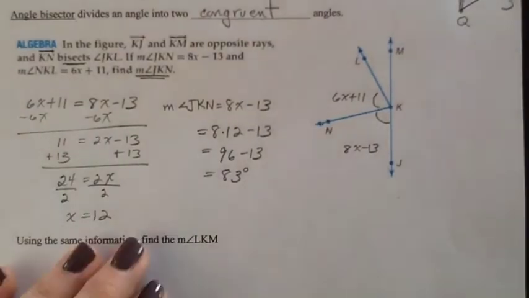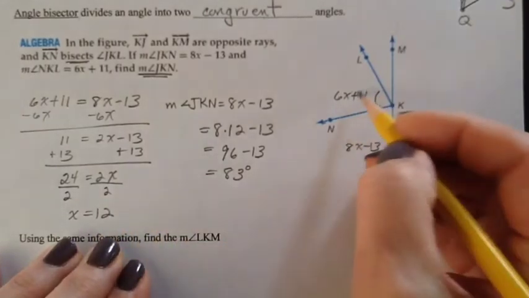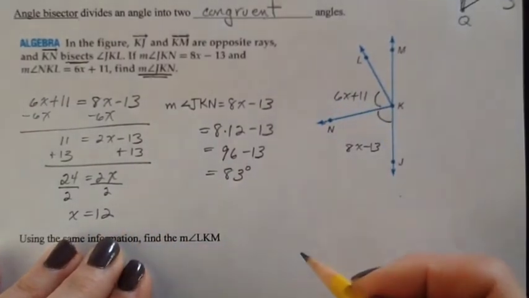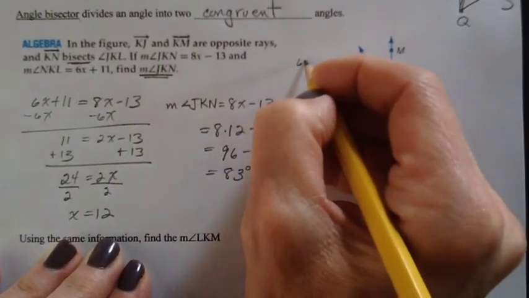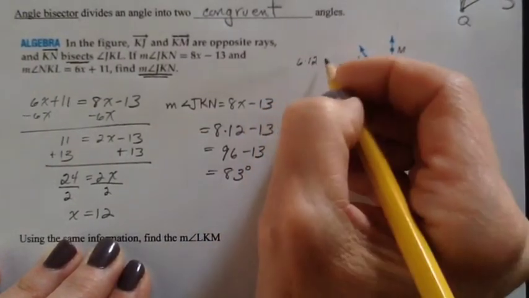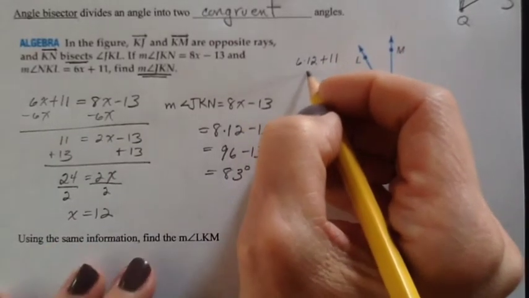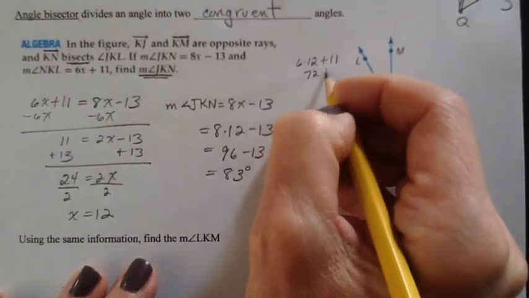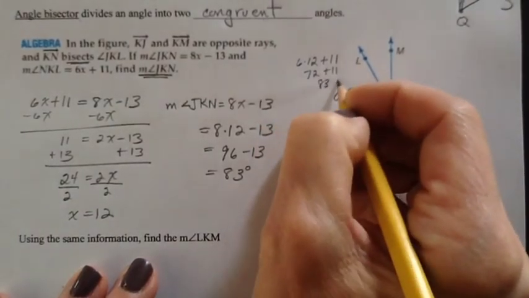And we could check our answer by seeing if we plugged in that 12 in here, if we also got an 83. So 6 times 12 plus 11. 6 times 12, 72. 72 plus 11, 83. It checked.